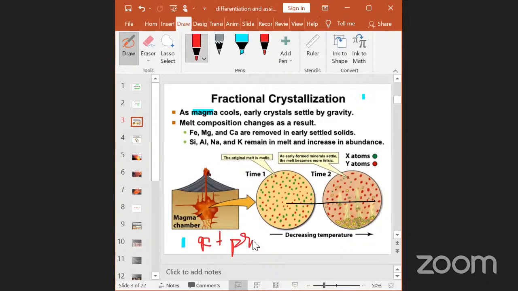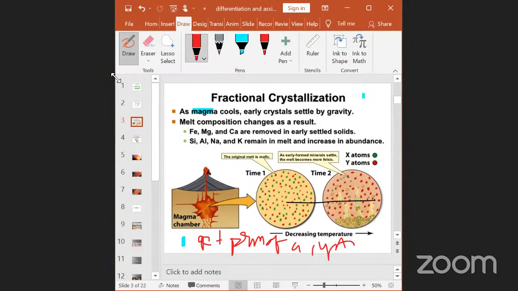Crystallization means to crystallize, or to get the form of a crystal. So crystals are formed from magma in two ways: first, through the localization of crystallization, and second, relative movement of crystals and liquid.